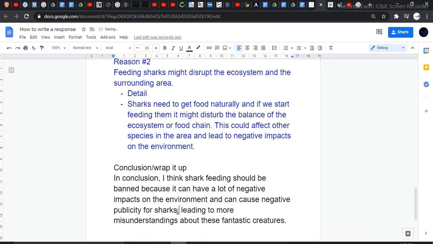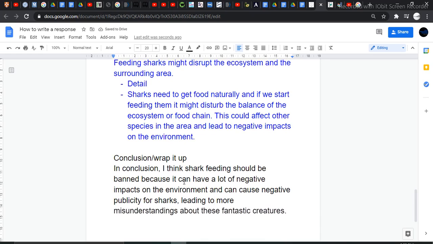As you can see there, I didn't actually put in my reasons, and I feel like I should put in my reasons again, kind of change it a bit so it's not word for word a copy of it exactly the same. In conclusion, I think shark feeding should be banned because sharks, yeah, I should actually change that.